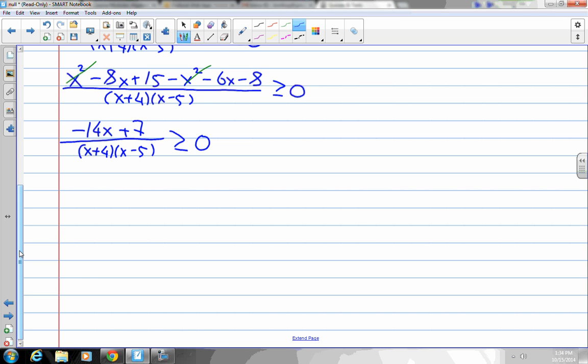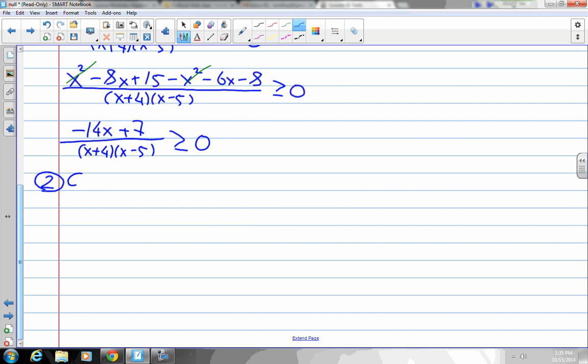You have to do all that in order to find the critical numbers, otherwise this is a very weird problem. The question is, when is this thing positive or 0?